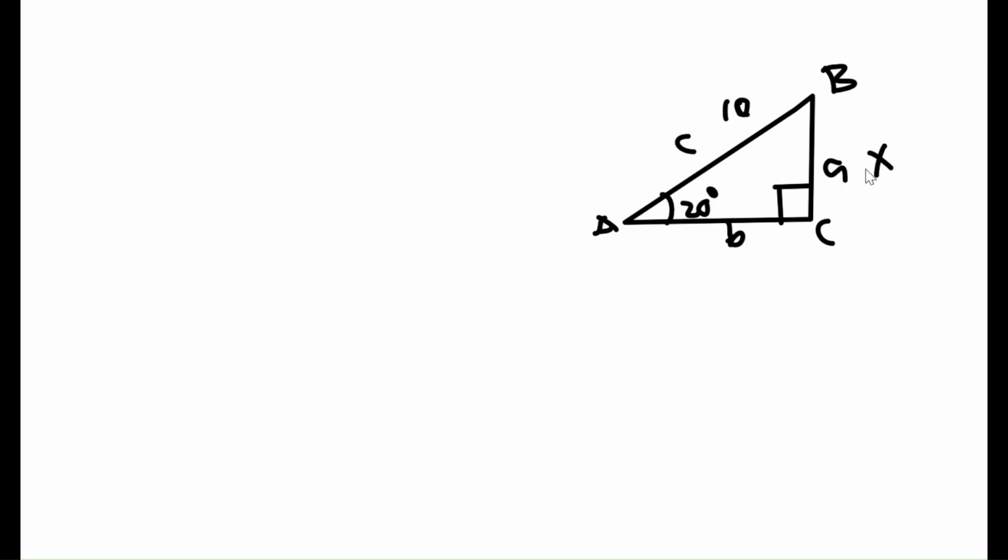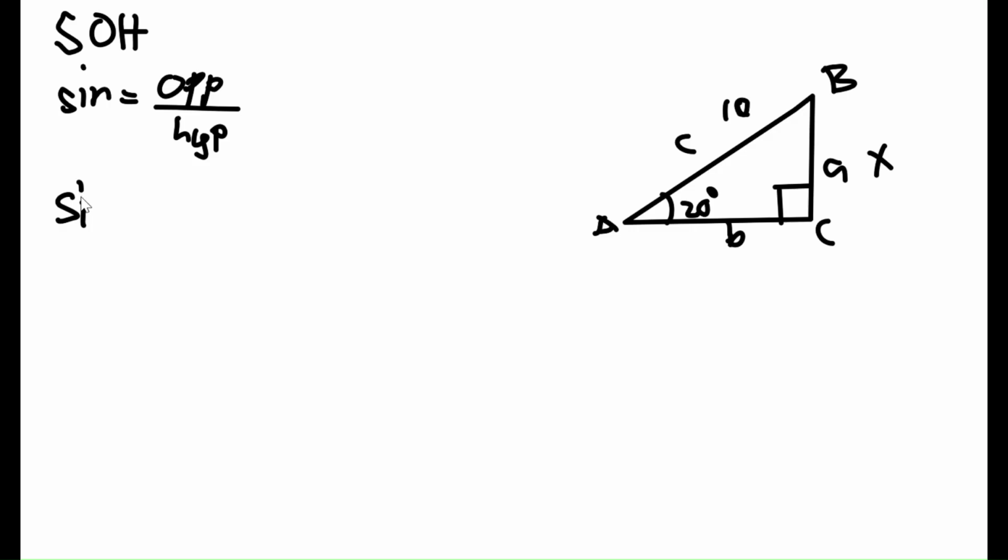Since your opposite and your hypotenuse are present, we can use SOH. SOH is sine equals opposite over the hypotenuse. So this will be sine 20 degrees is equal to the opposite, which is x over 10.